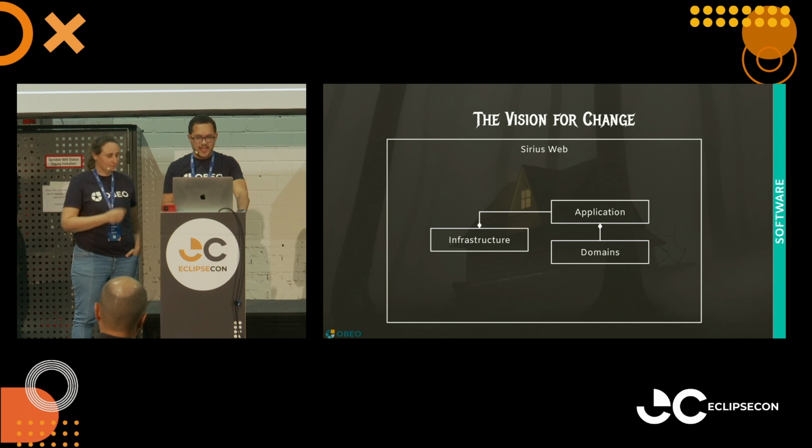So the domain layer contains core business rules and reusable services without any external dependencies. In some specific use cases, we still have some annotations for basic persistence, like @Id or things like that.